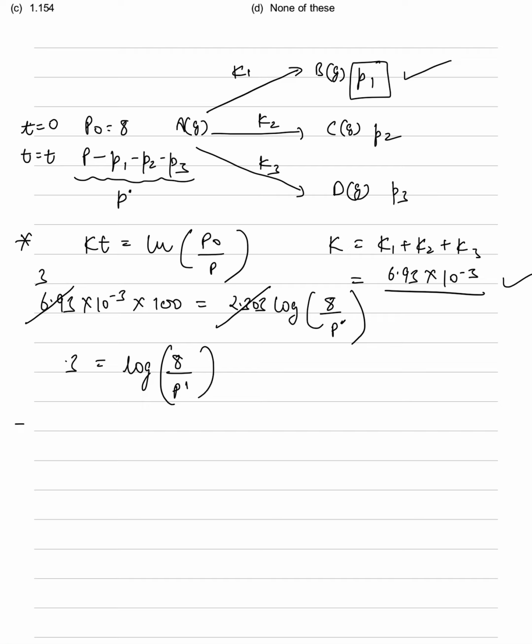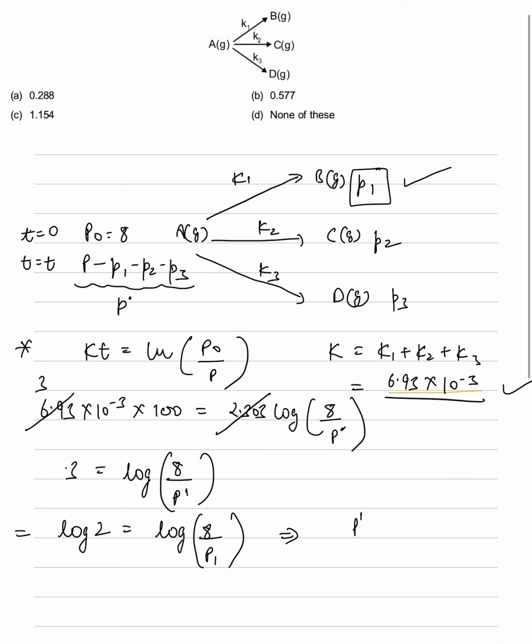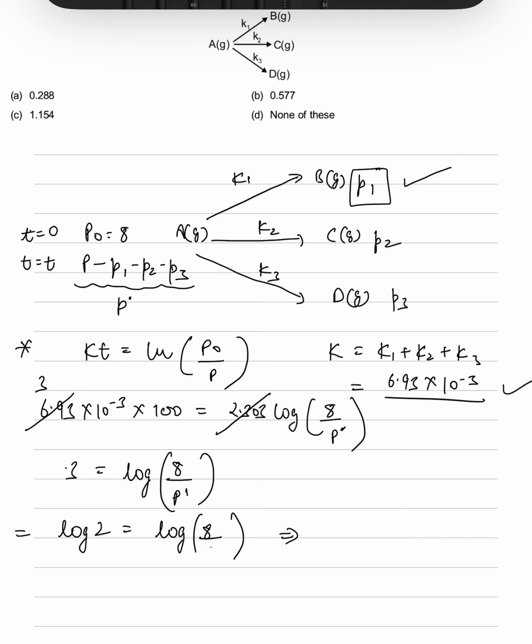Now we know 0.3 is the log of 2, right? So this is equal to log of 8 upon P dash. If we compare it, we get P dash. Sorry, it's not P1, it's P dash. So P dash comes out to be 4.